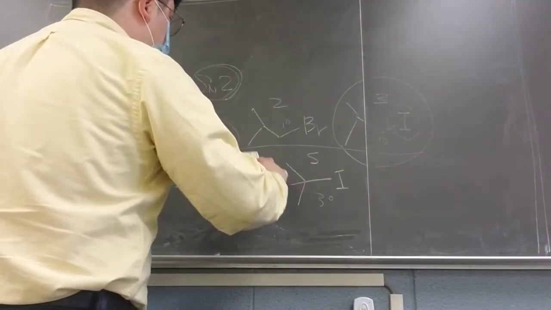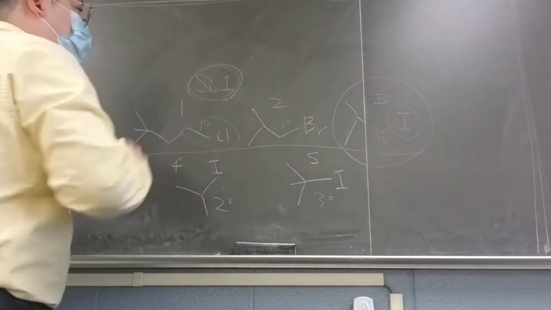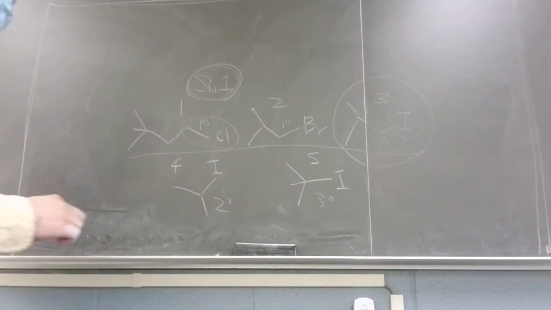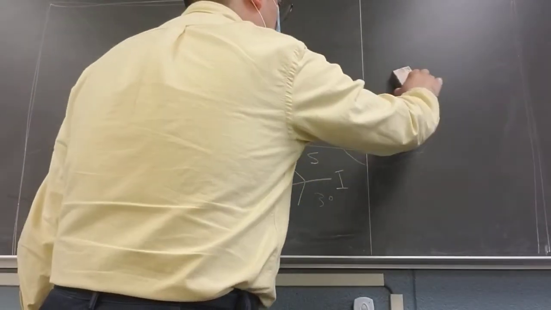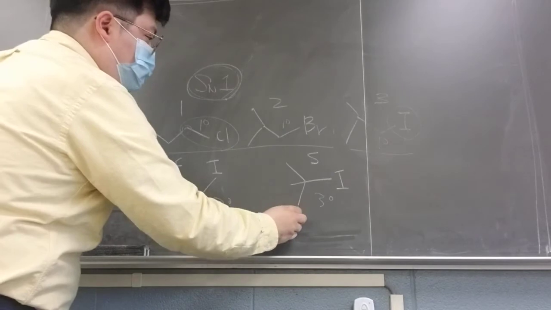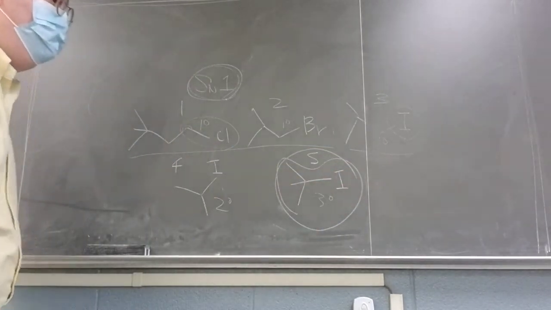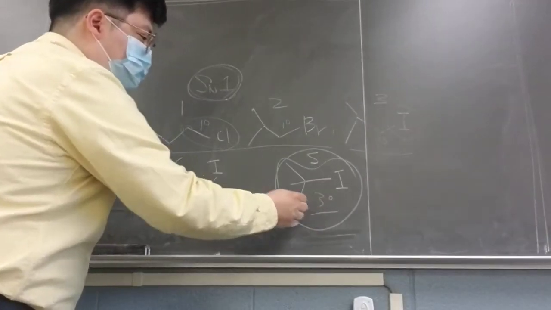So if I change this one to SN1, what might be the best one for SN1 instead of SN2? And this will be the best one, number 5, because it is tertiary.